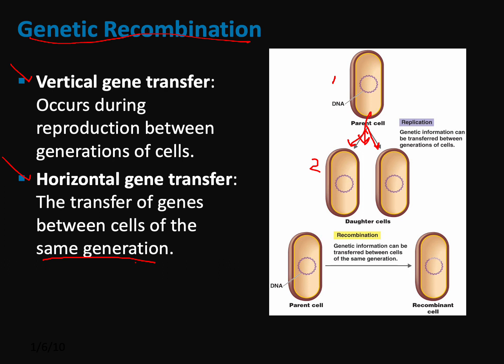And the example that we're really going to talk about here is the sharing of plasmids and the sex pilus and bacterial conjugation. Those are examples of horizontal gene transfer because bacterial cells are getting new genetic information from not their parent cell dividing itself, but from somewhere else in the environment or from some other bacterial cell.